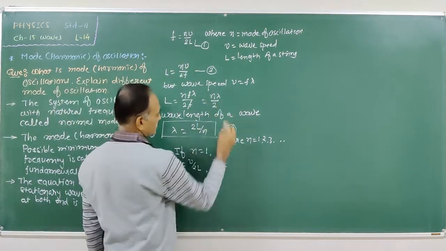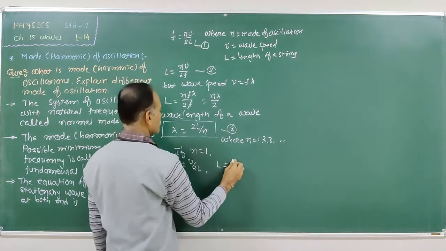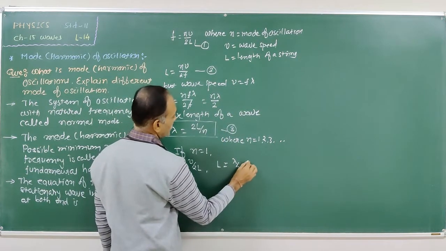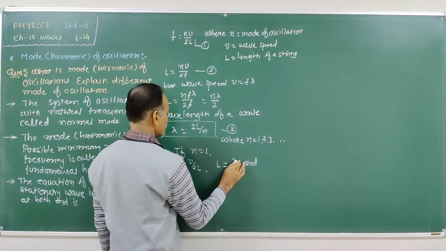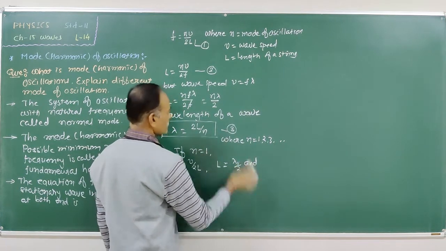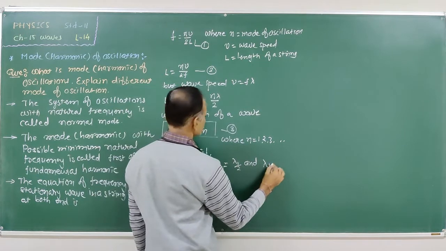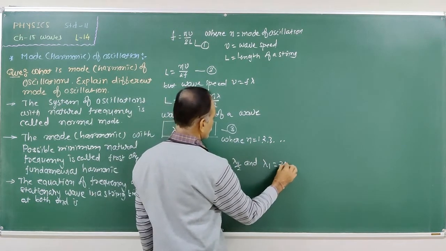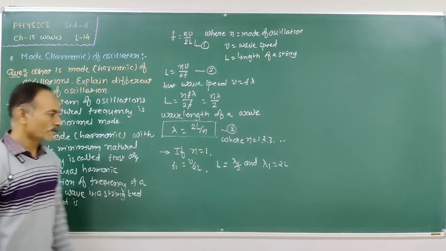From this equation, L is equal to lambda1 by 2, and lambda1 is equal to 2L is obtained.